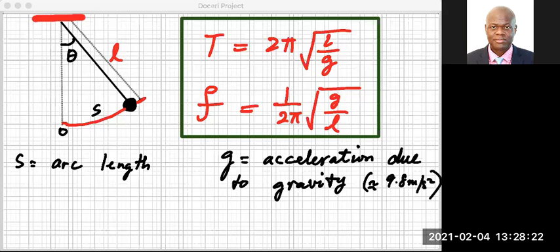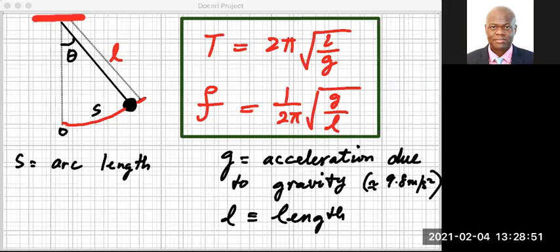So that's a known constant. Then L is the length of the pendulum. So in a lab, if you measure the length of a pendulum, you can predict the period or the frequency by this formula, and you can actually measure it using a stopwatch to compare if the values are correct.